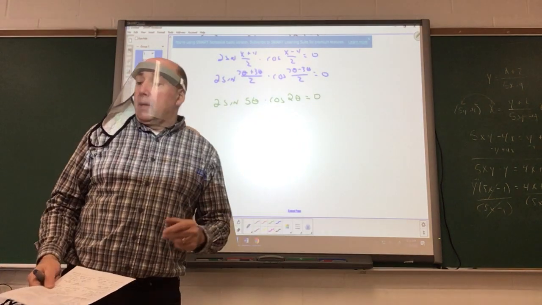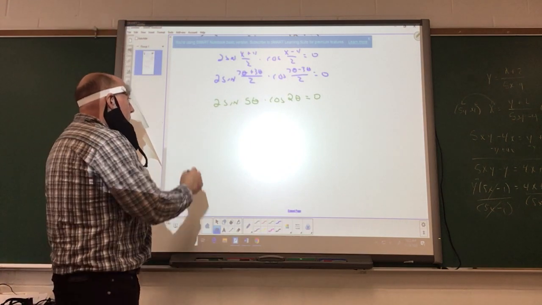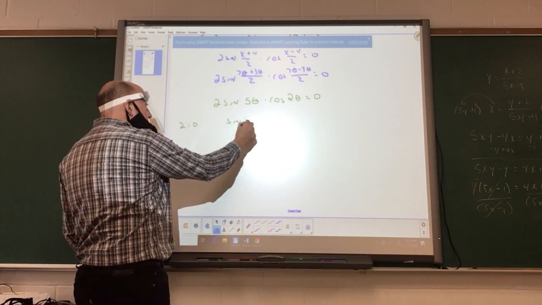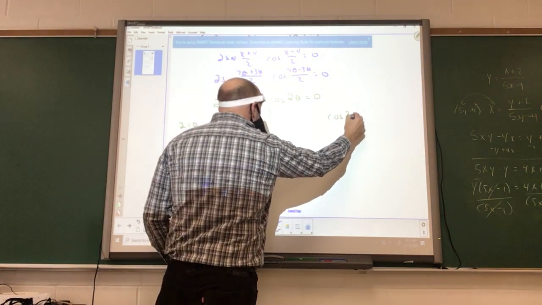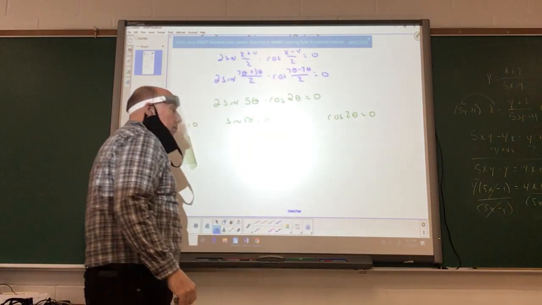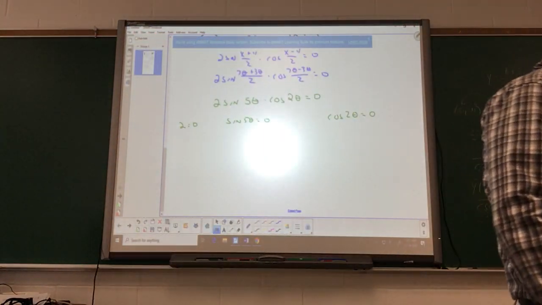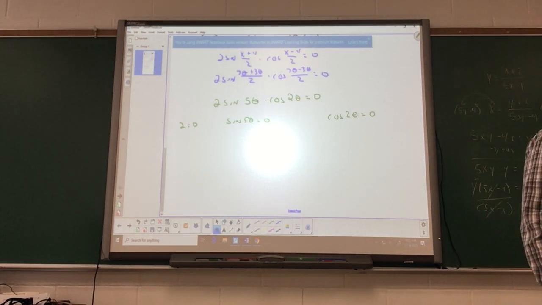Now using the multiplication property of 0, one of these things has to equal 0. 2 could equal 0, sine 5 theta could equal 0, or cosine 2 theta could equal 0. Get rid of your sine.